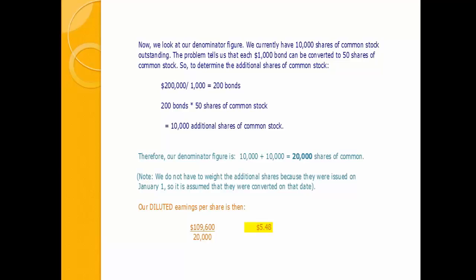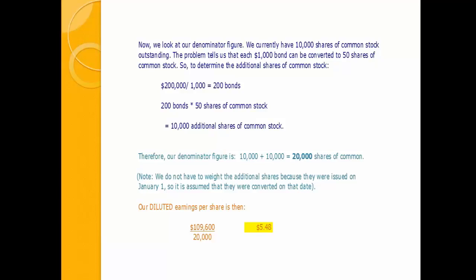Therefore, our denominator, and again the denominator is the bottom number, is 20,000 shares. So it's 10,000 plus 10,000, so the common shares are 20,000.